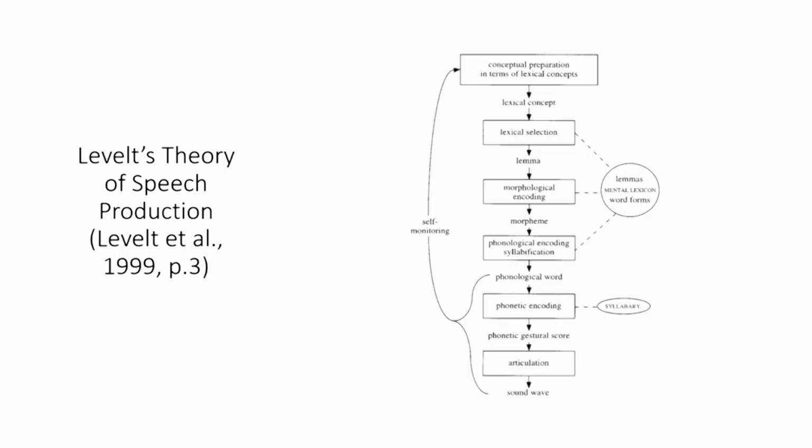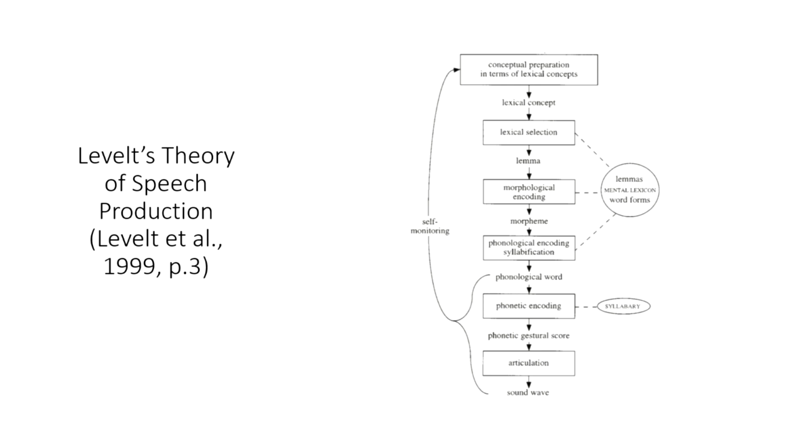This final representation is called a gestural score, which creates executable commands of how these syllables are going to be articulated. So, that is pretty much a generic description of how speech production happens.